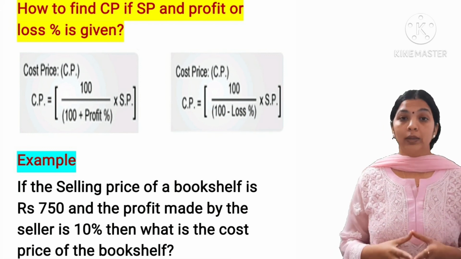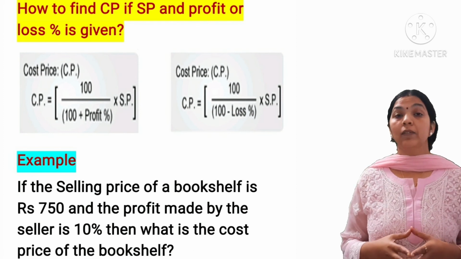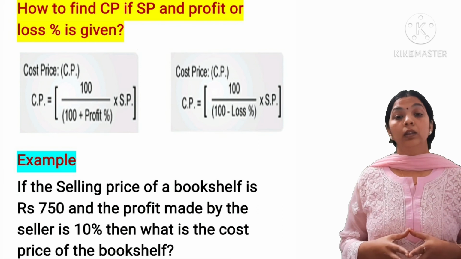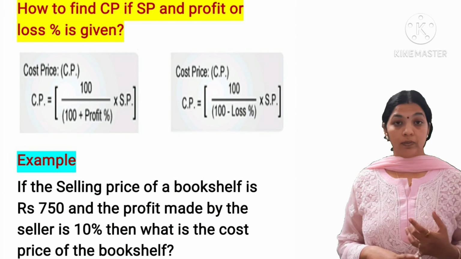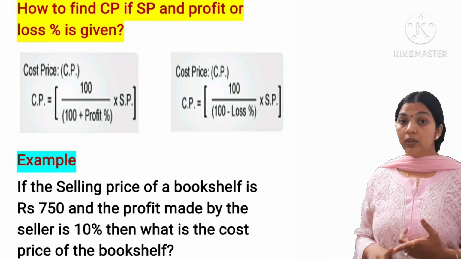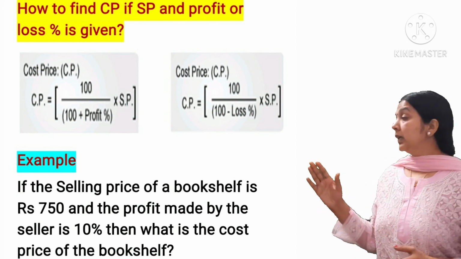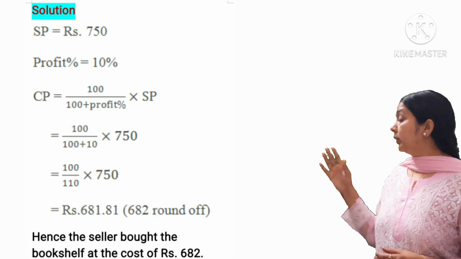So let's do one example regarding this. If the selling price of a bookshelf is 750 and the profit made by the seller is 10%, then what is the cost price of the bookshelf? What is given to us? Selling price is given to us, percentage profit is given to us, we have to calculate the cost price. So SP is equal to 750, profit percentage is equal to 10%, so we will use this formula.